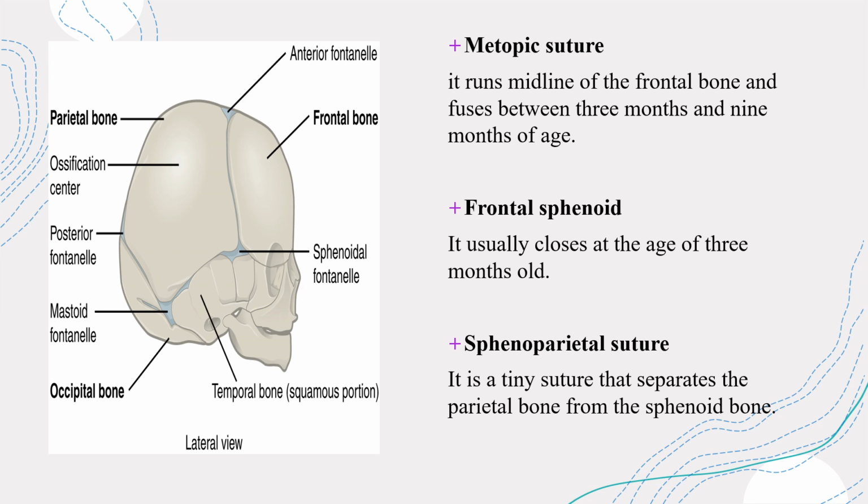Clear? Now the metopic suture. What is the location of the metopic suture? It runs in the midline of the frontal bone, and it fuses between 3 months and 9 months.